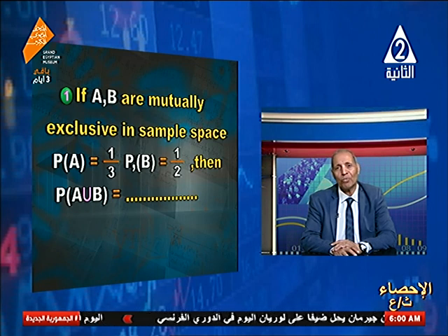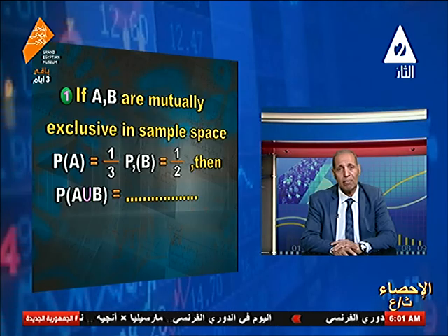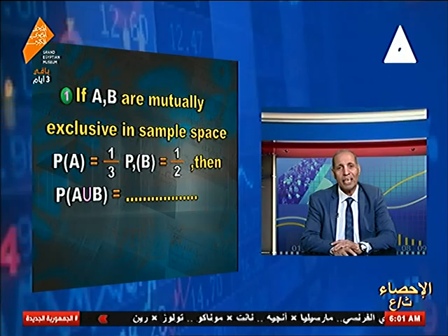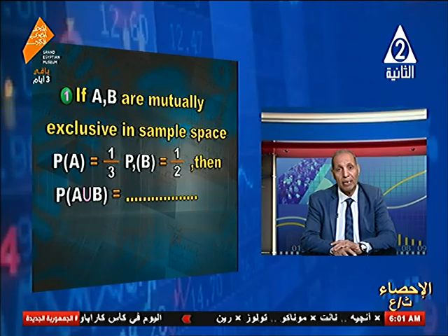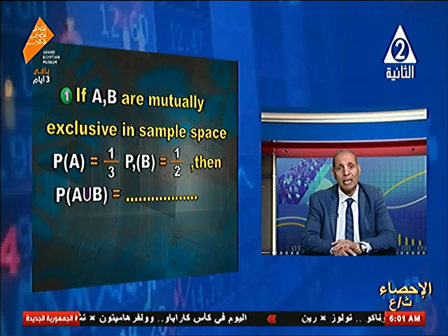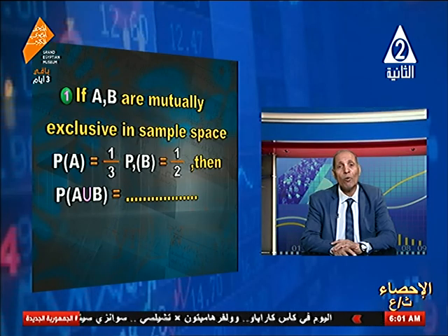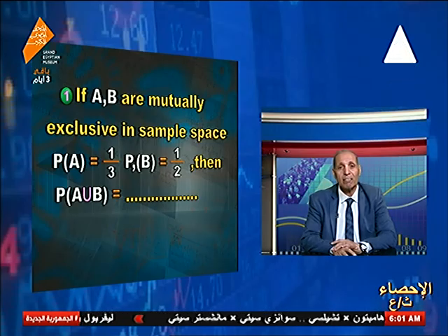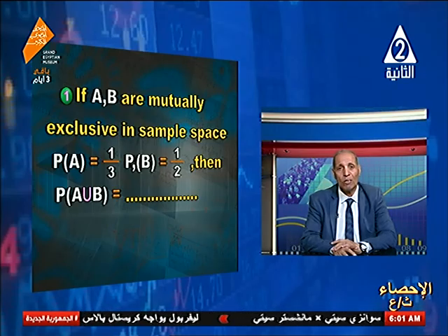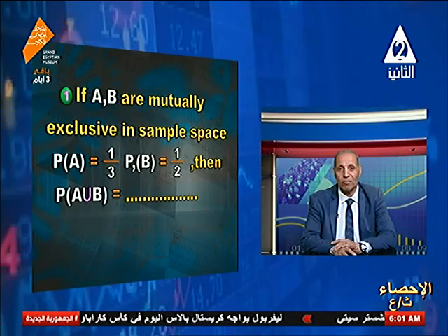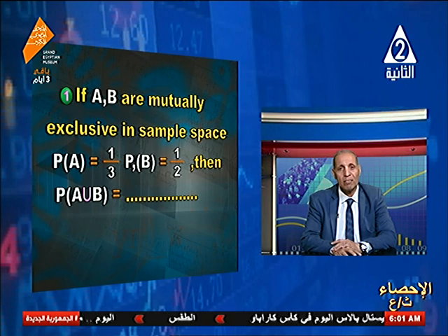My dear student, we know that probability of A union B equals probability of A plus probability of B minus probability of the intersection. Don't forget, A union B means A or B, or both, at least one of them.